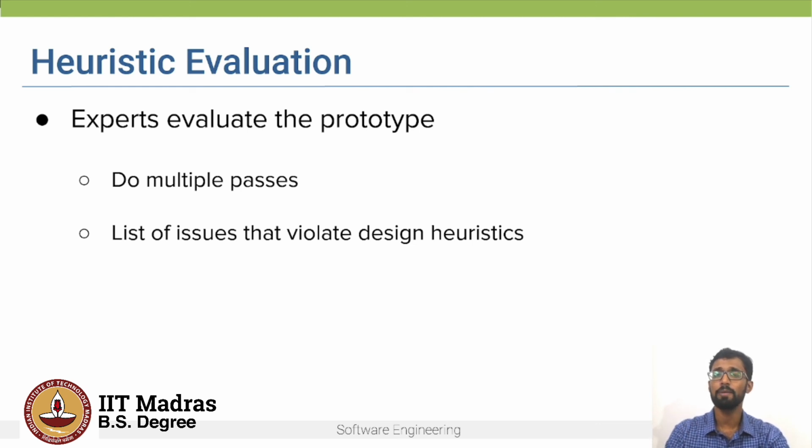Collecting feedback from several experts will help you fix multiple usability issues in your prototype. And these heuristics are also a self-check for you and can enable you to design effective and usable software interfaces.